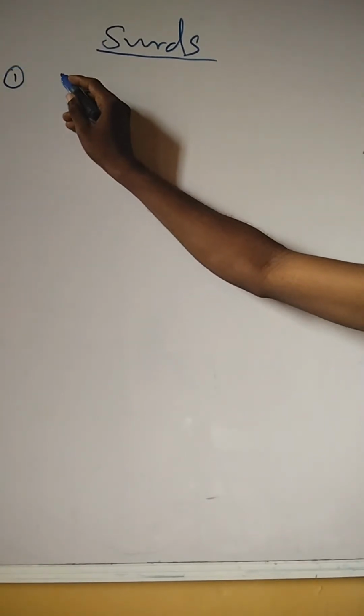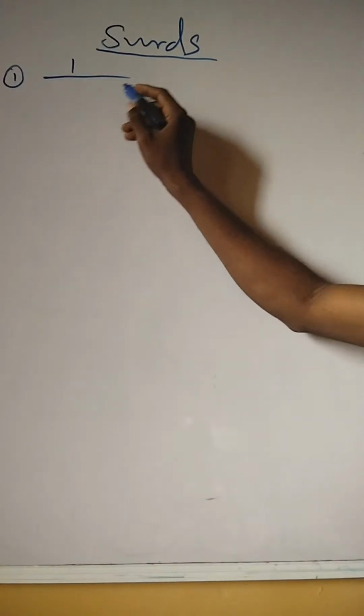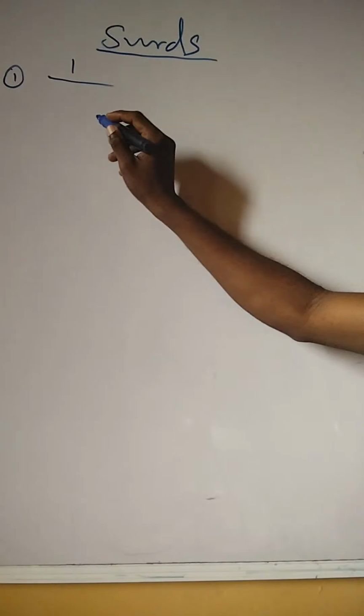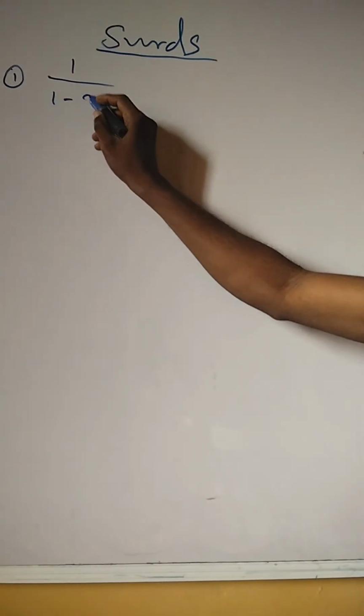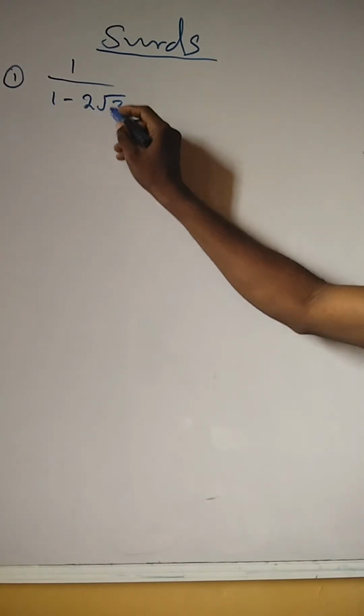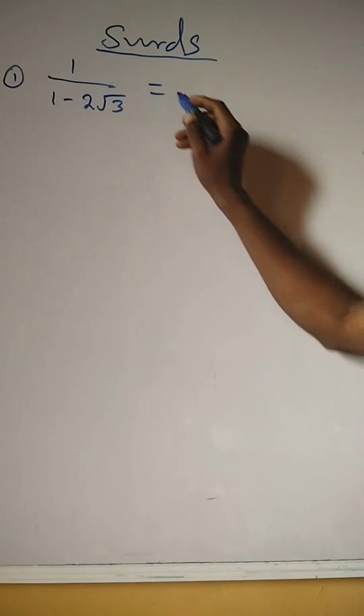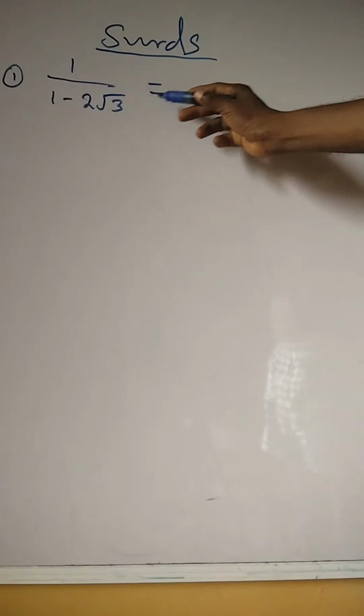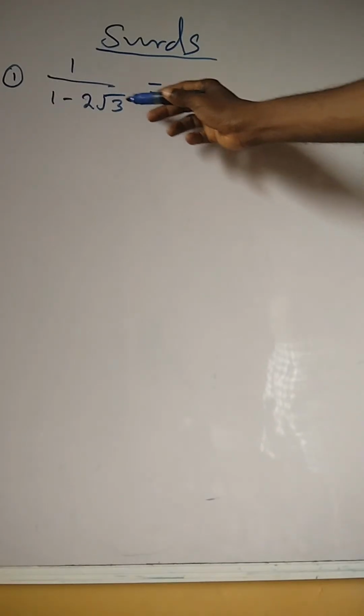We have 1 over 1 minus 2 root 3. For this, when we rationalize, we multiply the numerator and denominator by the conjugate of the denominator.